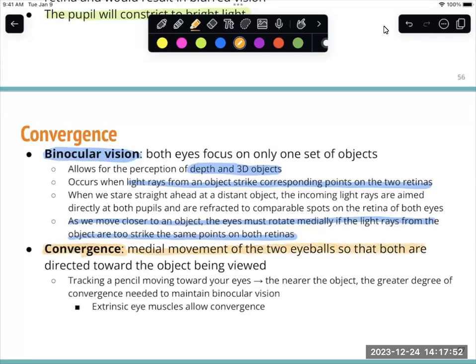This is something that eye doctors sometimes will check. They hold something between both eyes, move it closer to your nose, and check how your eyes come together, because those muscles that attach to the outside of your eye allow for that convergence.